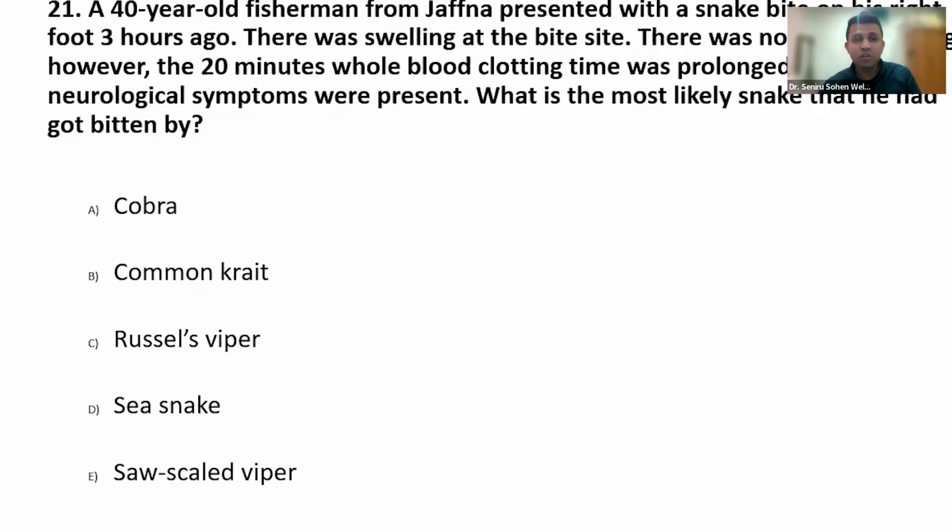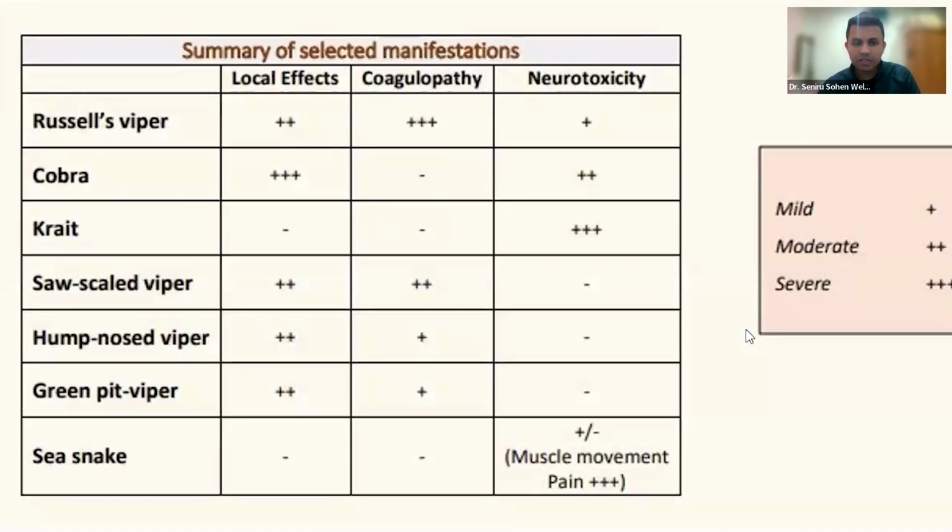So, we are talking about a patient from Jaffna. In Jaffna, all of these serpents could be there. So, to answer this question, we need to think about the geography as well as the manifestations of different snakes with snake bite, right? So with Russell's viper bite, we will first focus on cobra and krait bite.